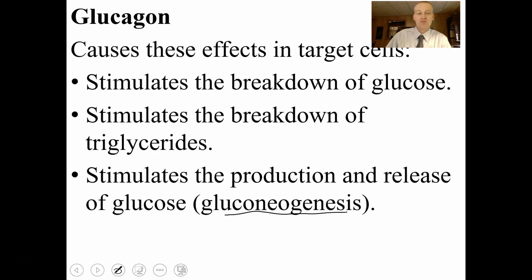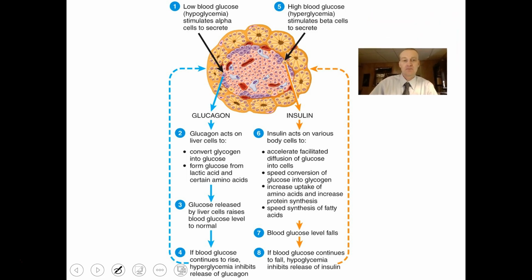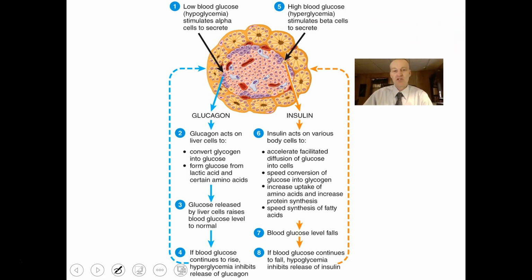Okay, so antagonistic. So you want glucagon working when your blood sugar level gets super low. And this is just basically showing you the homeostasis, how it's created by the effects of glucagon. This graphic shows you how glucagon and insulin are going to be working to maintain glucose homeostasis.